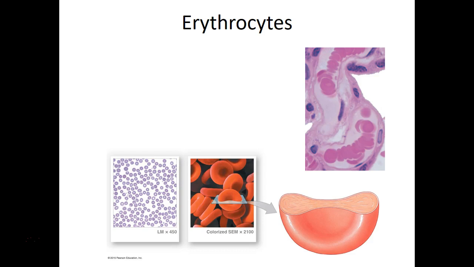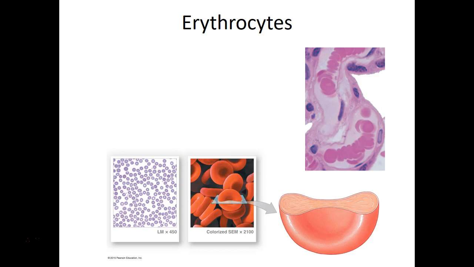A high percentage of the dry weight of a red blood cell, not surprisingly, is made up of hemoglobin. We've seen estimates as high as 98% of the dry weight made up of hemoglobin. Right? So we're going to talk about three components of hemoglobin in just a second.